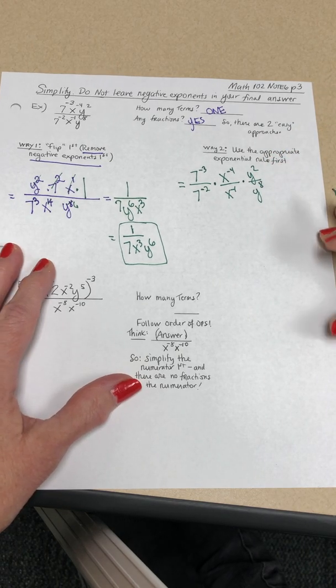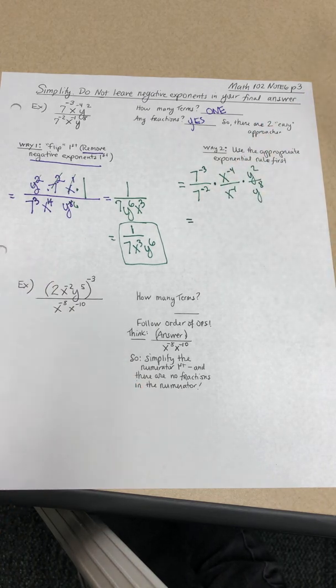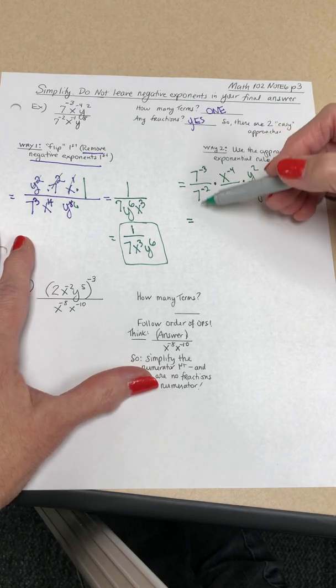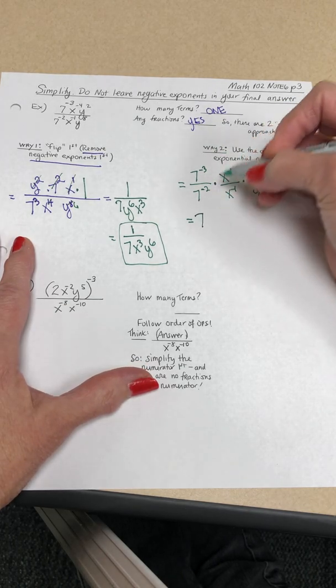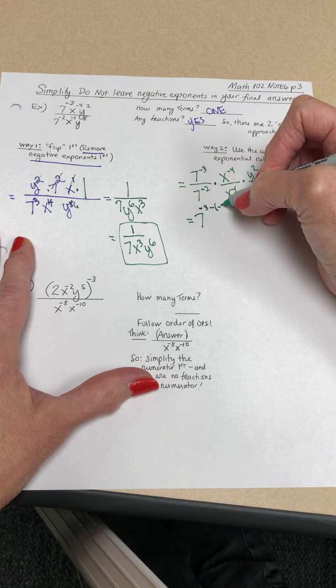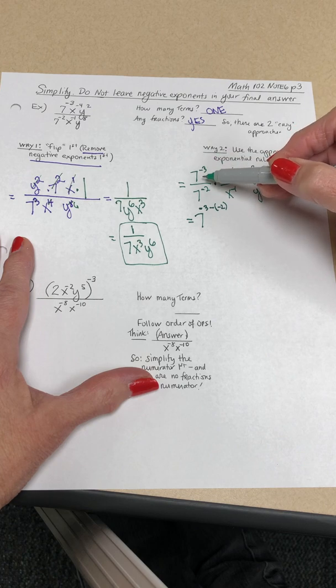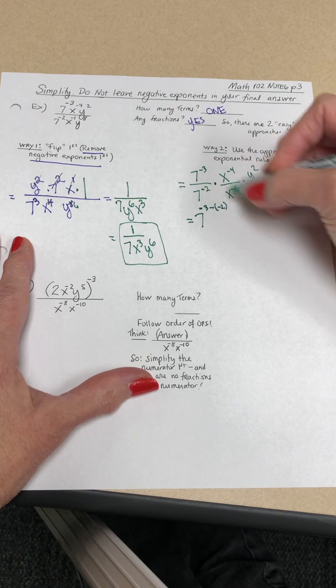Okay, so I'm going to work with the same base, and I'm going to use the division rule for dividing like bases. When you divide the same base, you keep the base the same, you subtract the top exponent minus the bottom exponent. Watch for double negatives. Top exponent minus the bottom exponent.